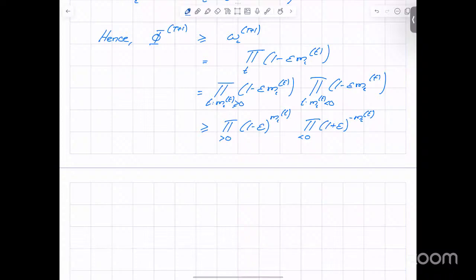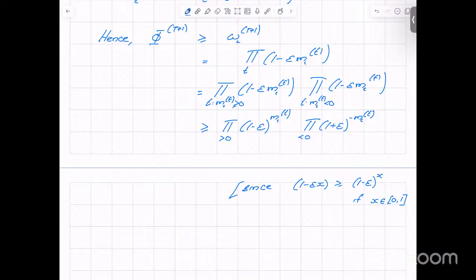What do I mean? Why is this true? I think I'm using the following: 1 minus epsilon x is always greater than 1 minus epsilon to the power x if x is in 0, 1. Is that true?